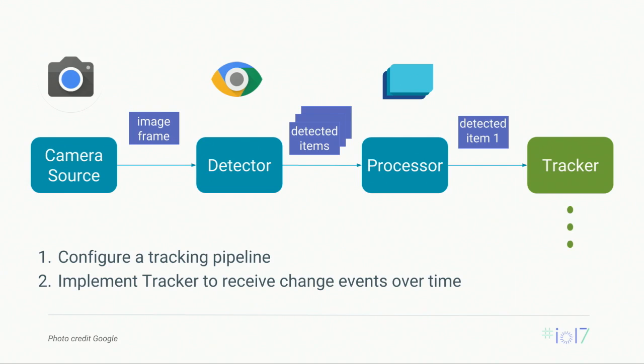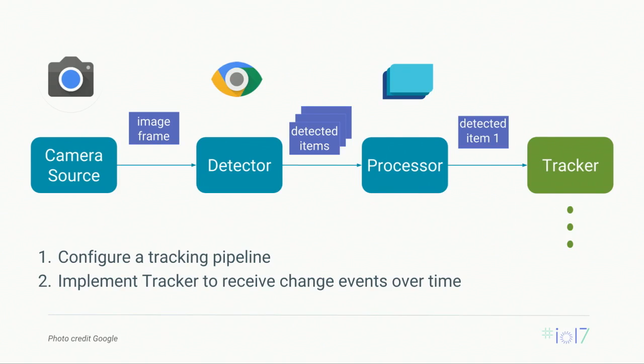A processor is a first-step post-processing. It is responsible for discarding, merging, or delivering the detected item to its associated tracker. A tracker is an event-based object listener. It can notify you about a tracked item over time.